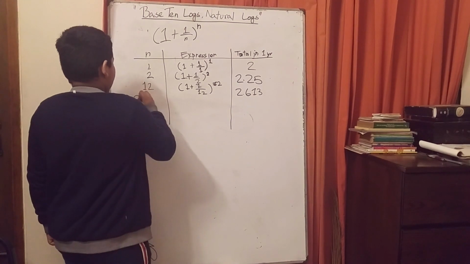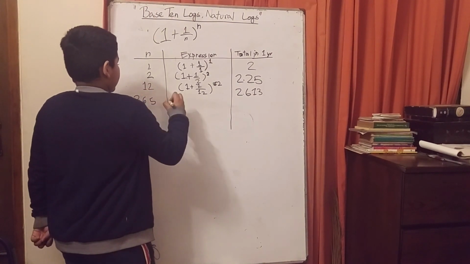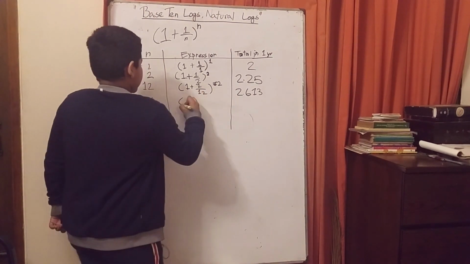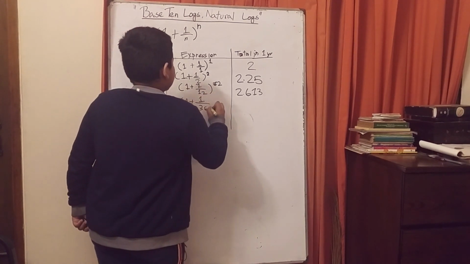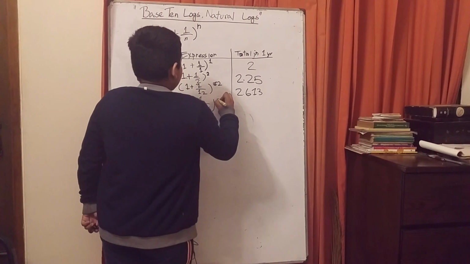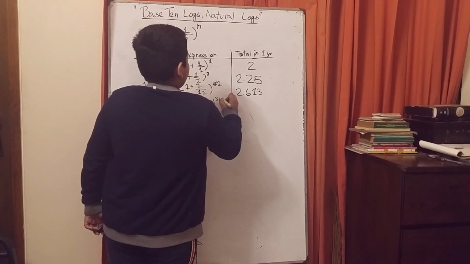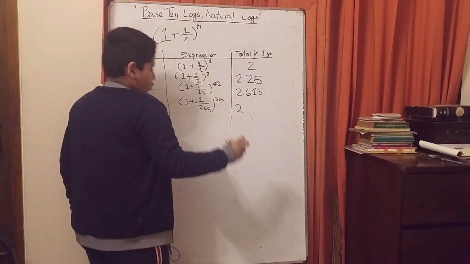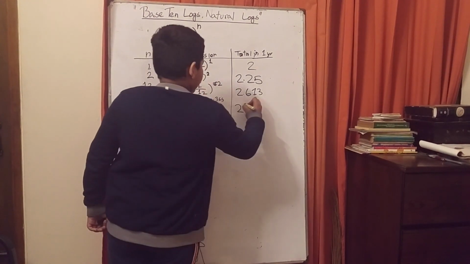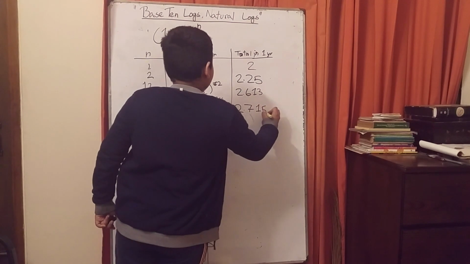Now if we counted it per day, we get an increase. Then 1 plus 1 over 365, all to the power of 365, we will get 2.715.